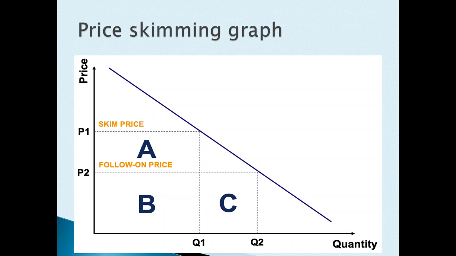So see here, this is the graph in which I have shown the price skimming. Okay, just see here, on the x-axis I have taken the prices P1 and price P2, and on the other axis I have taken the quantity to be sold, that is the quantity Q1 and quantity Q2.